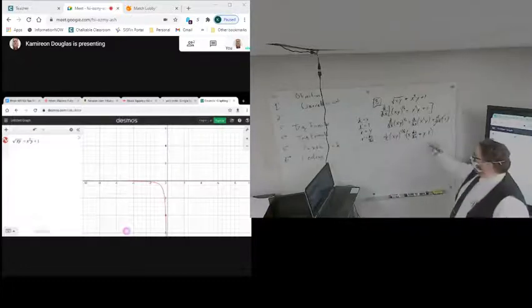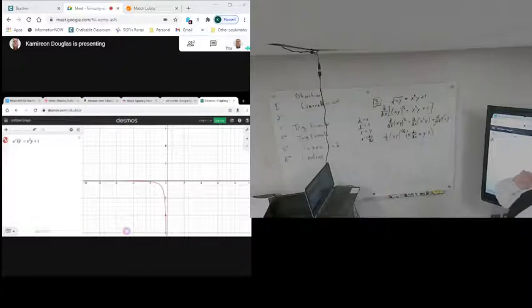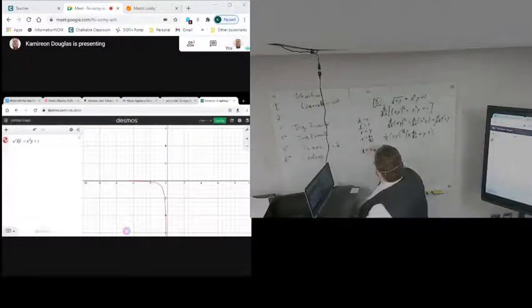Equals x squared y. In this case, my x squared y is another product, so I'm going to do a different product over here. My left is x squared, so my left prime would be 2x. My right would be y. My right prime would be dy dx. Beautiful.